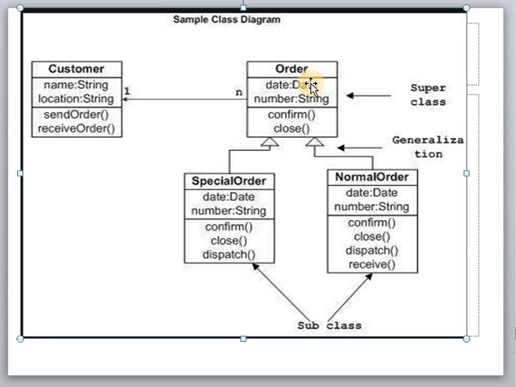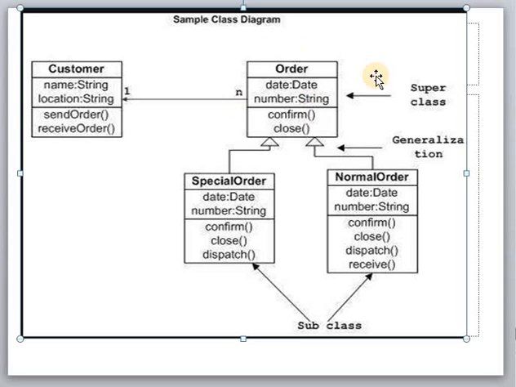The order is basically of two types: the special order, which is used to deliver the items on an urgent basis, and the normal order, which is used to deliver the items in 5 or 7 working days of a week.